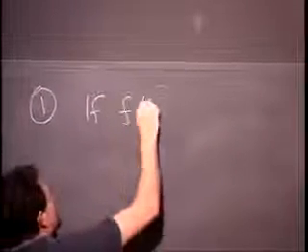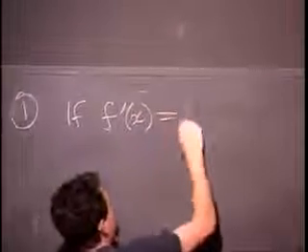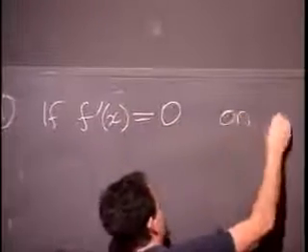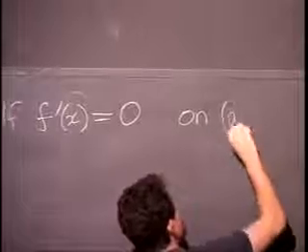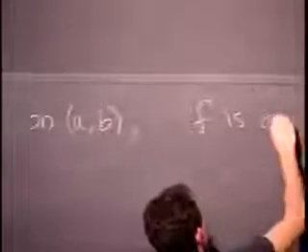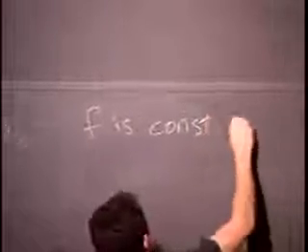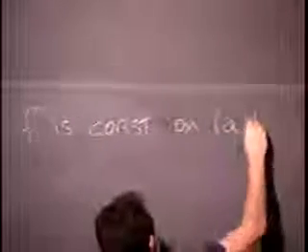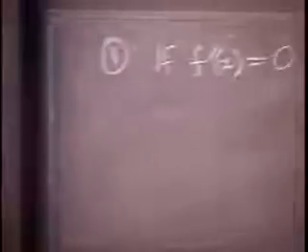If f prime of x always equals 0 on an interval a comma b, then f is constant on that interval. If the slope is always 0, the function is constant. Obvious? Sure. Prove it.